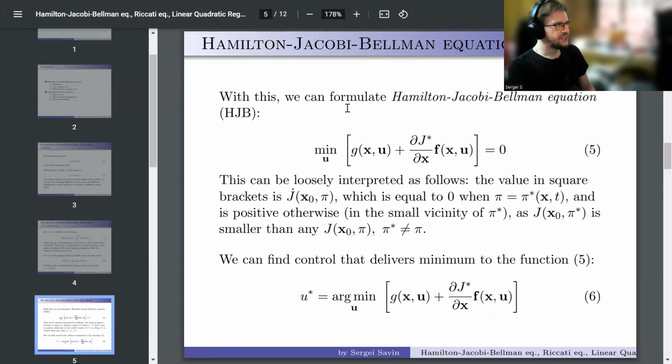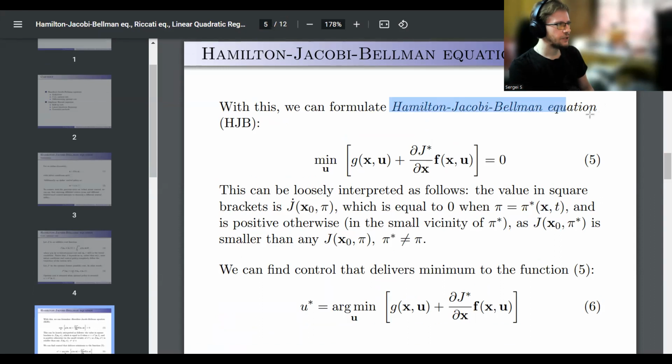Now, with this, what we can formulate is the Hamilton-Jacobi-Bellman equation. We call it HJB. It is a famous equation, and types of this equation are used in reinforcement learning and in optimal control. It is just an important piece of mathematics.